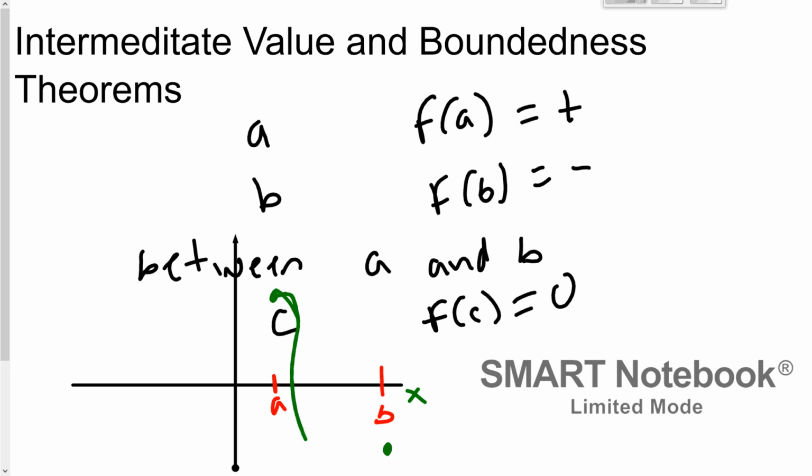It can cross down here and come back, or it could cross right there and go straight through, but somehow it's going to cross in between a and b, and that's what the intermediate value theorem says. So we can locate a 0 somewhere between a and b.